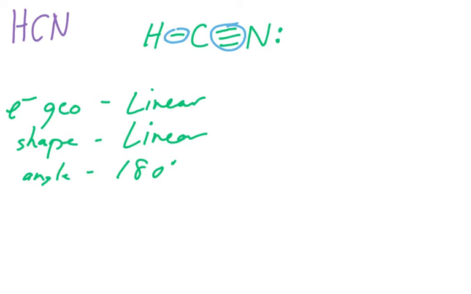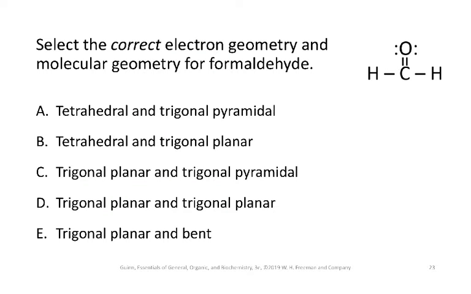Okay, here's a few multiple choice questions. Select the correct electron geometry and molecular geometry for formaldehyde. Pause it and try this for yourself. Okay, and we're back. And the answer is D, trigonal planar electron geometry, trigonal planar molecular geometry.